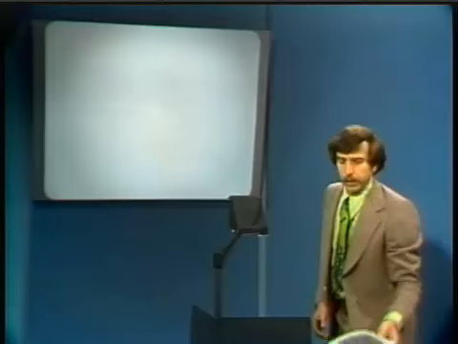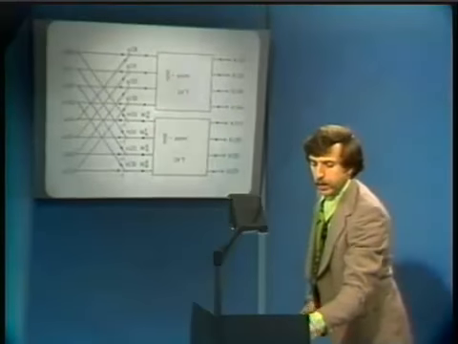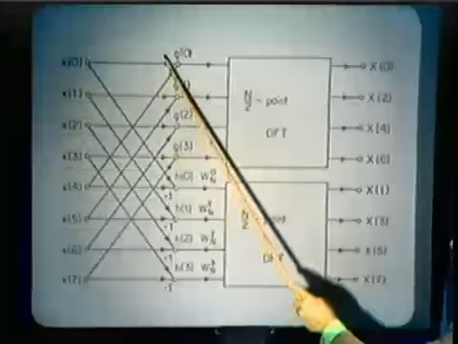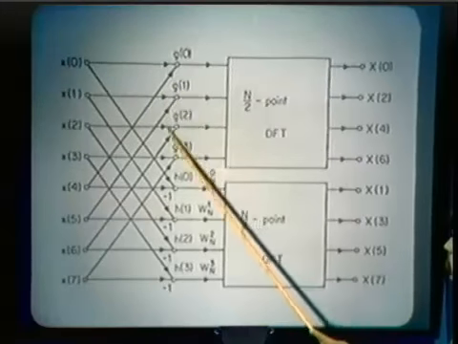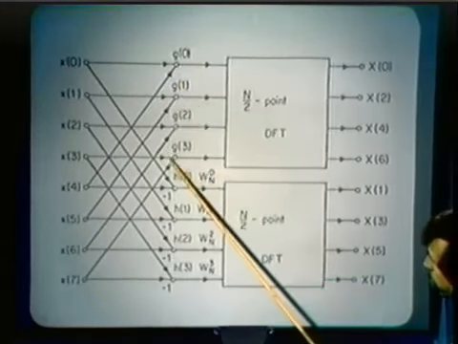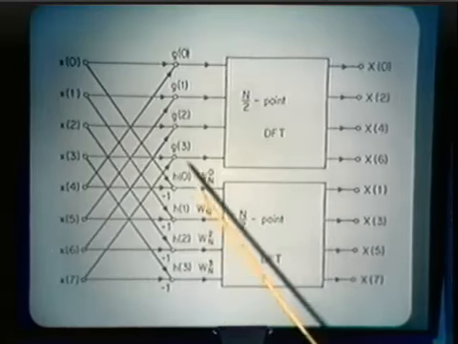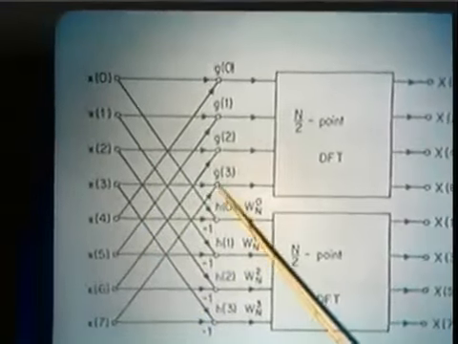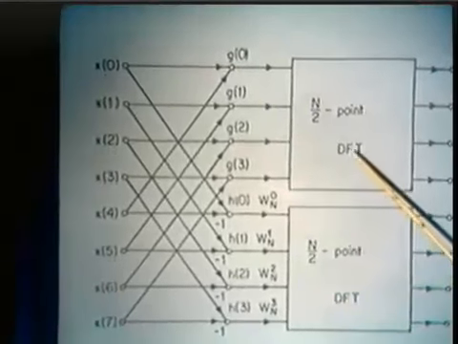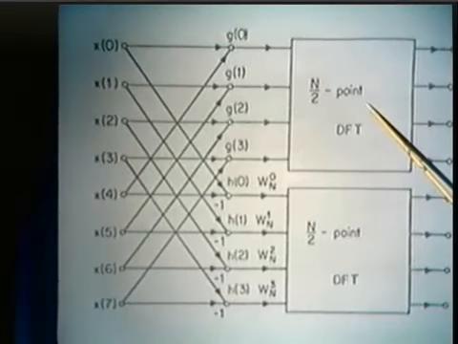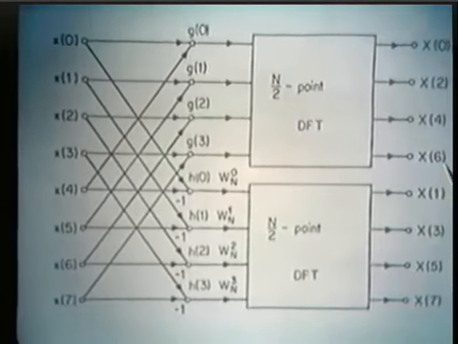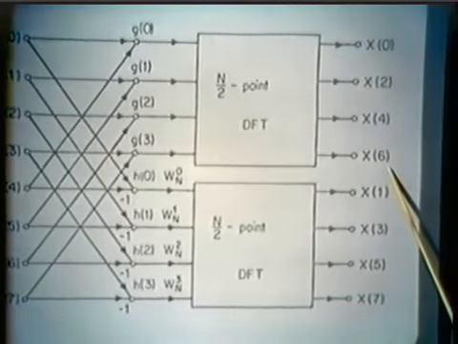And it basically states that we would compute the discrete Fourier transform by first forming a subsequence which we denoted as G, which we obtained by adding the first half of the input points to the last half of the input points and implementing an n over 2 point DFT of that to obtain the even-numbered output points.